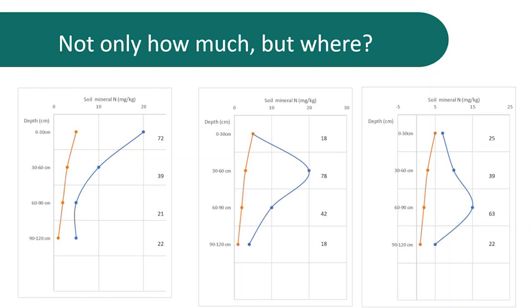The third graph depicts that there's only 60 kilograms of nitrogen above 60 centimetres, and there's a lot down deeper. And that obviously requires different consideration as to how much pre-plant nitrogen we might put on and how much might be required in total.